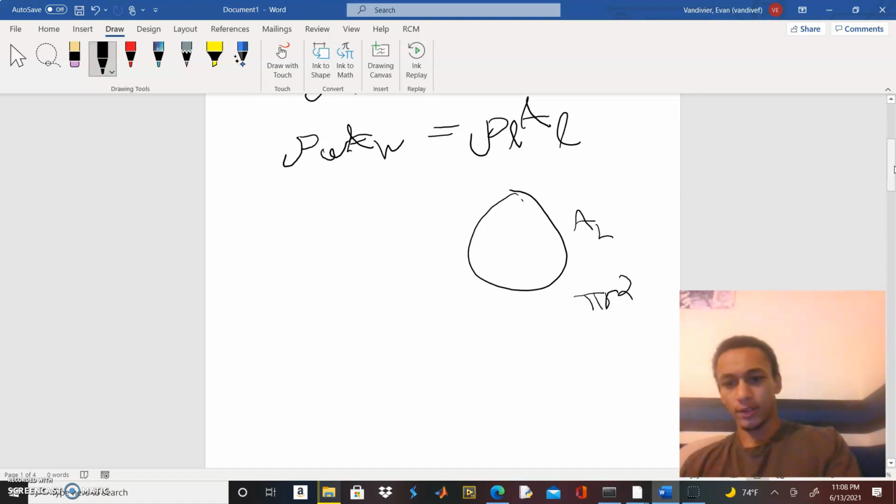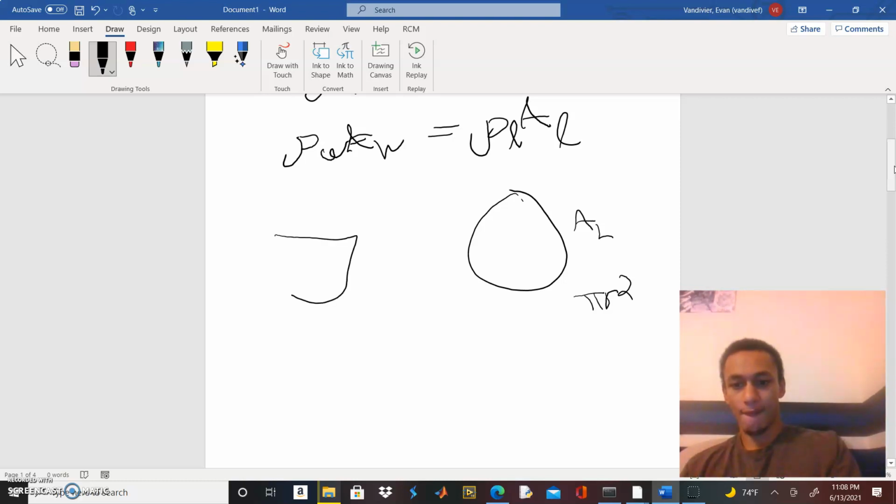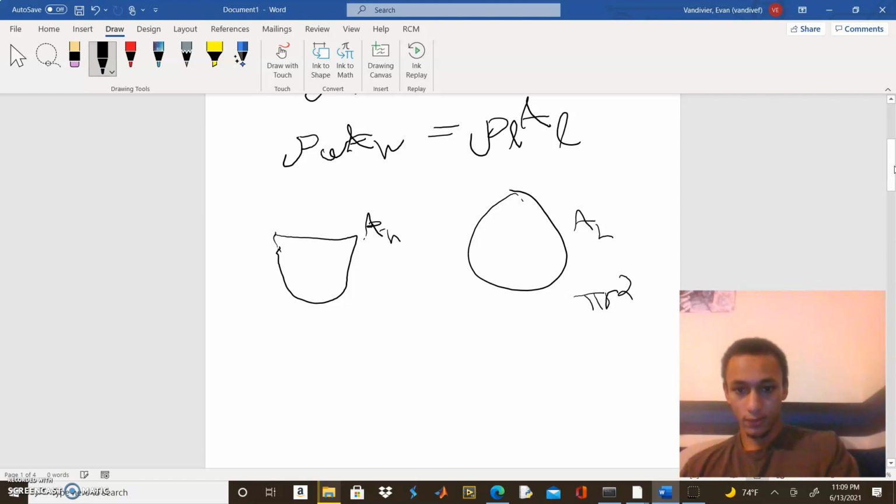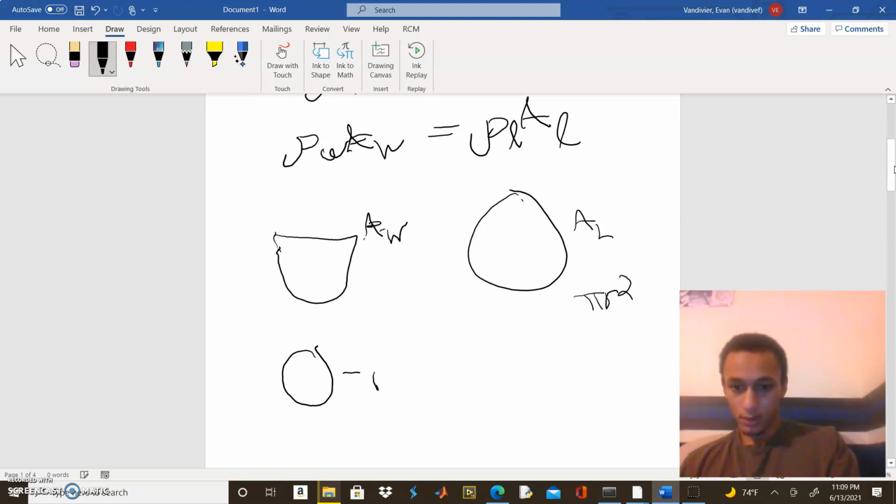The problem is the cross-sectional area is more like a smiley face or open mouth, and this will not be easy to find. The easiest way to find it, so let's say area of water, would actually be the circle minus the top that is missing.